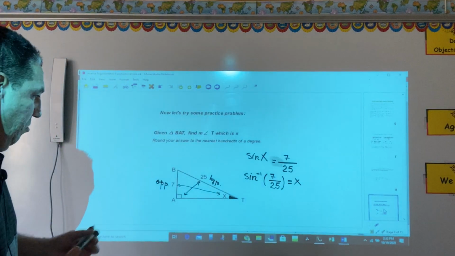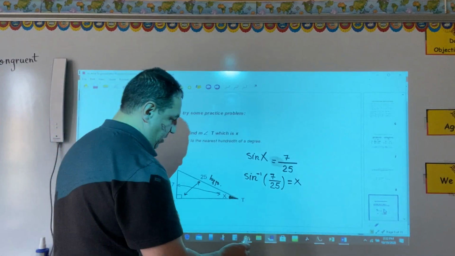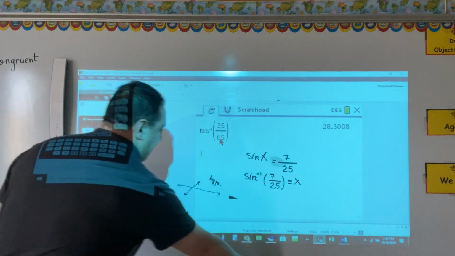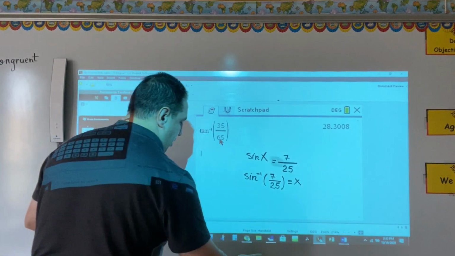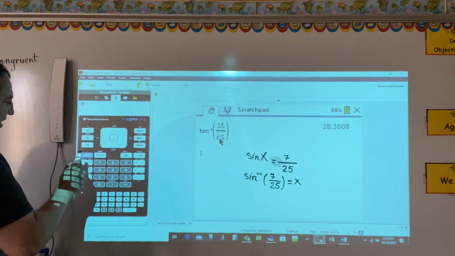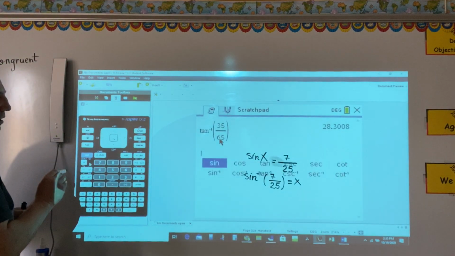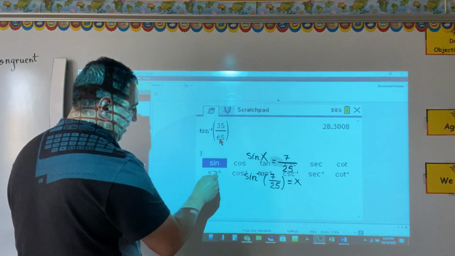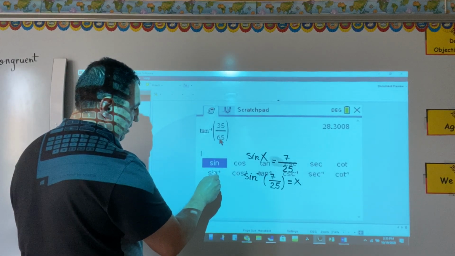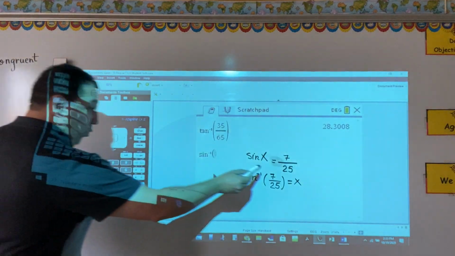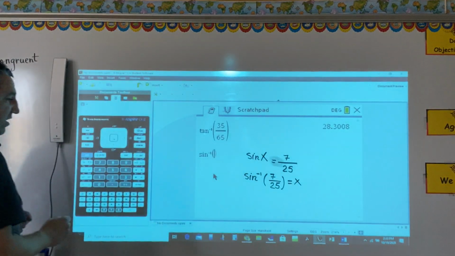Now, we use, again, the calculator. This time, we use the inverse of sine. We press trig. The inverse of sine is sine of -1. So we click on sine of -1, and we type the ratio of 7 over 25.